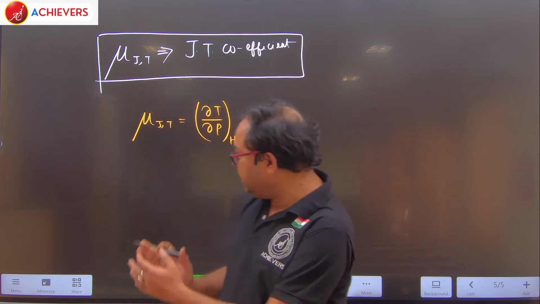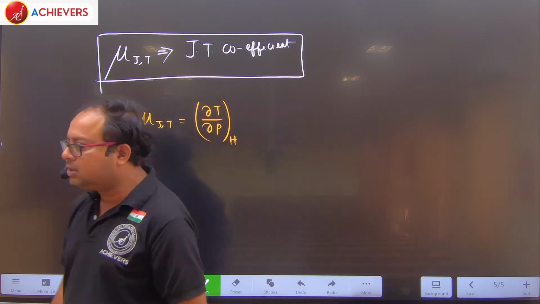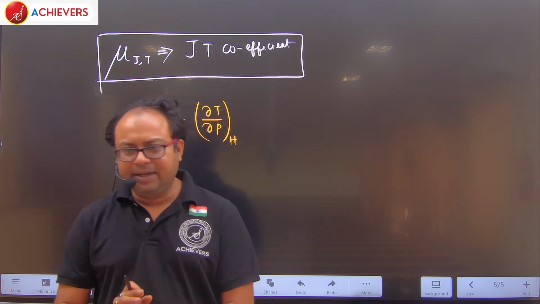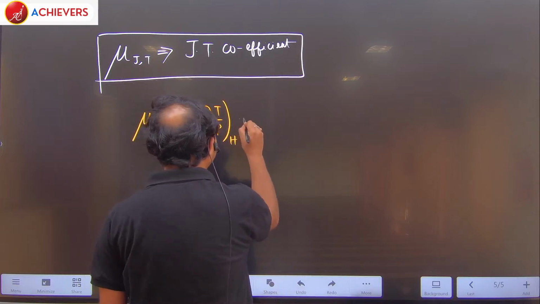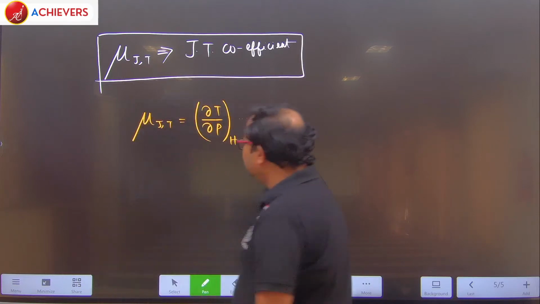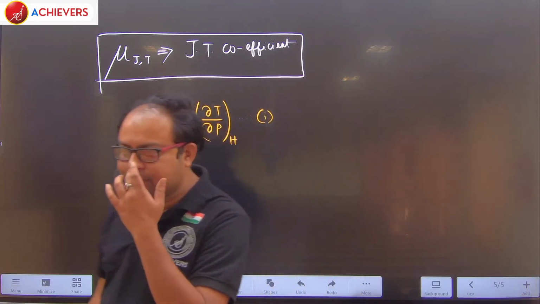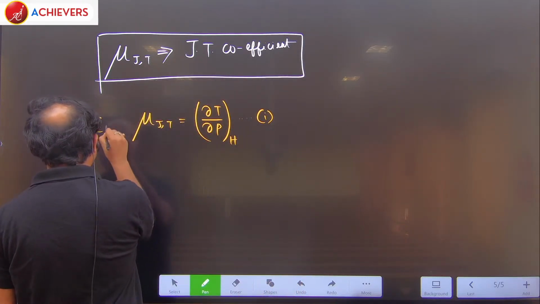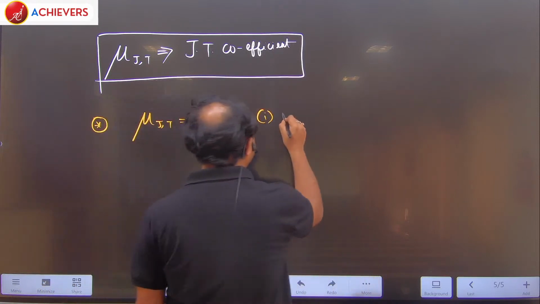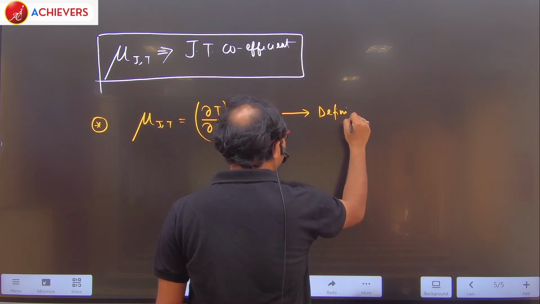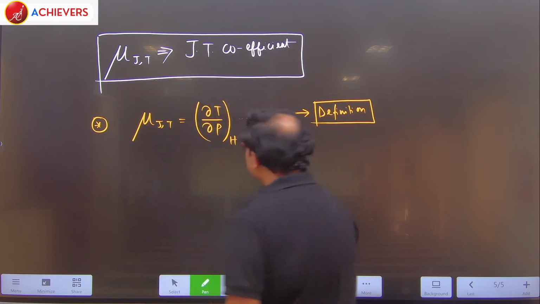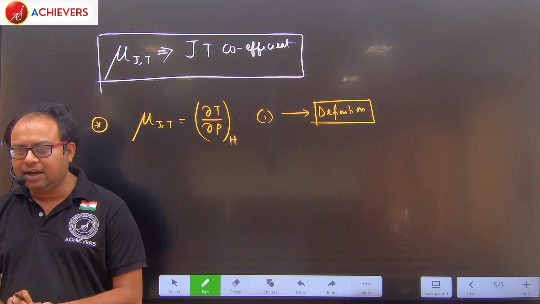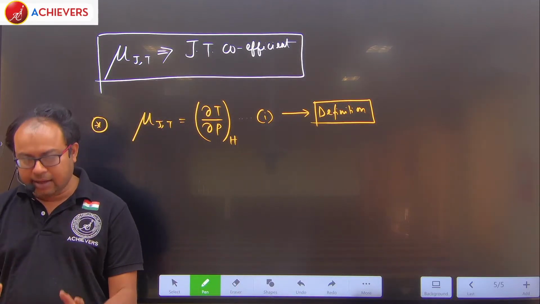It is basically the rate of change of Kelvin temperature with respect to pressure at constant enthalpy. Let us mark this as equation number 1.